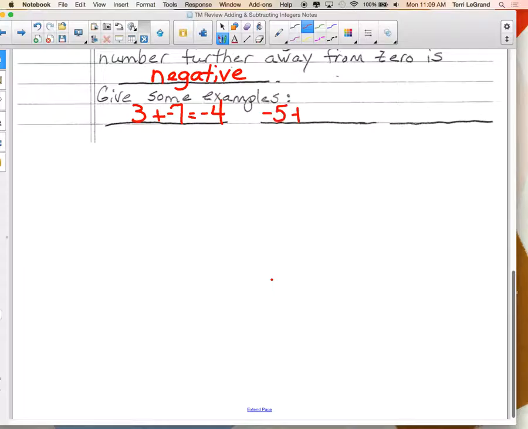Negative 5 plus 2 or 3? Which, 2? Okay. What do you think, class? Write that one down. Think Kaylee's got it? Which one's further away from 0? The negative 5. And so that means we're going to do what? 5 take away 2. In other words, there's going to be 2 zero pairs. And what's going to be left? Negative 3, because the negative 5 is further away from 0, so this is negative 3.